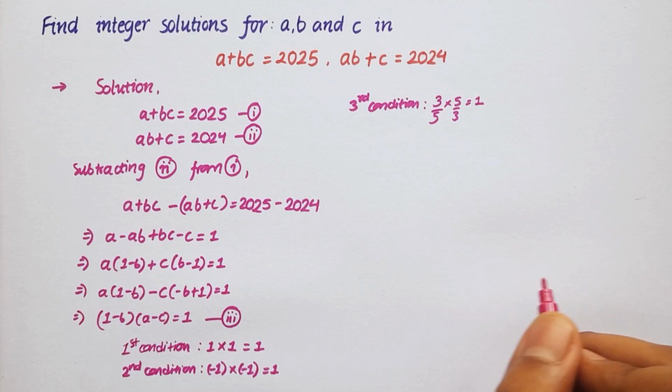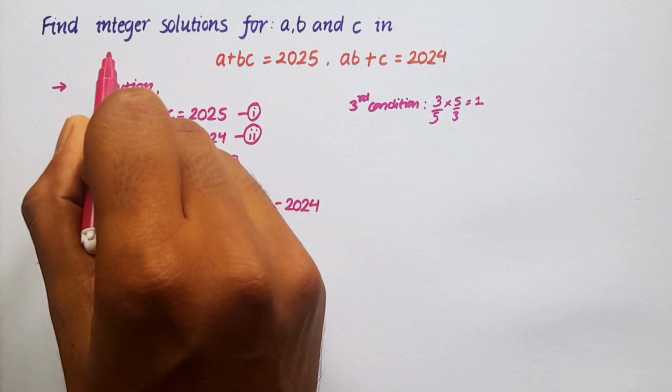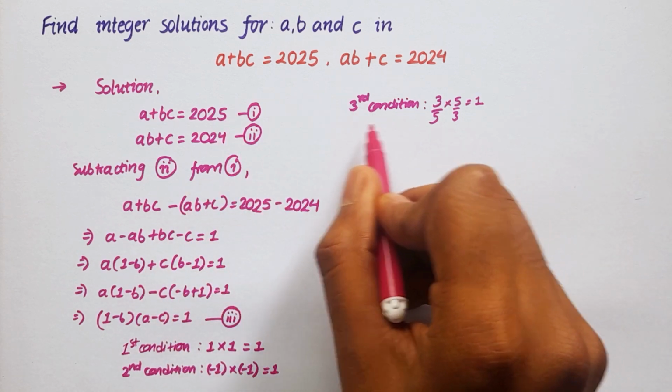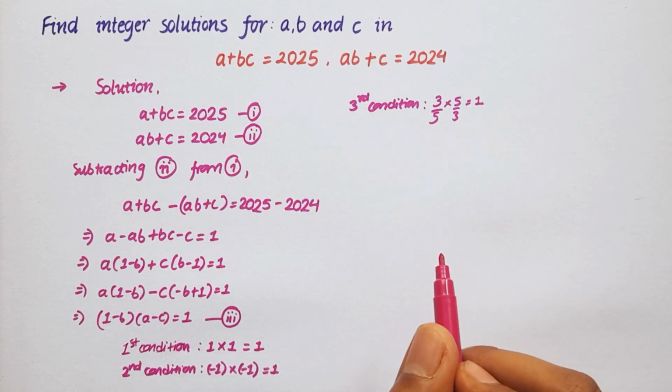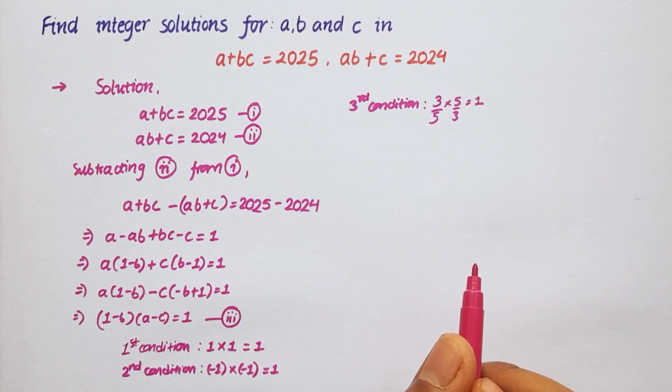But now, let us look at the question. The question is telling us to find out the integer solution for this problem, which means if I consider the third case, that would give me an answer for a, b, and c. But that is not going to be an integer solution, but it is going to be a decimal solution, right? Means there is going to be a decimal point and it is not going to be a fully integer value.